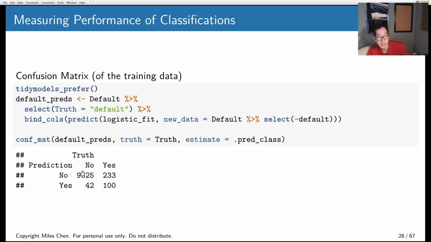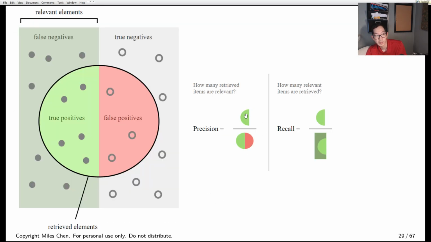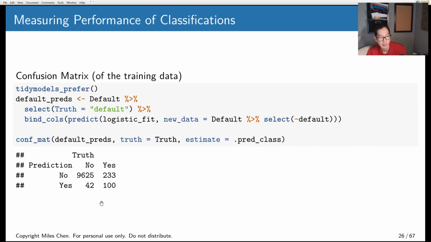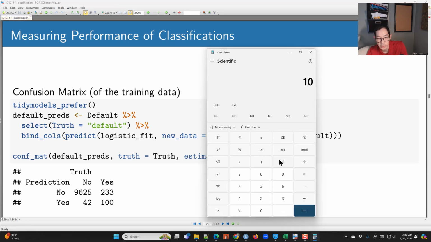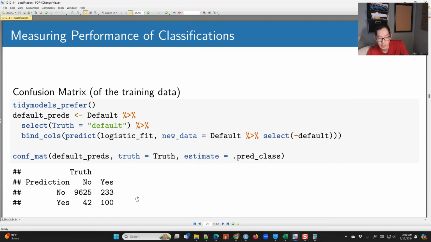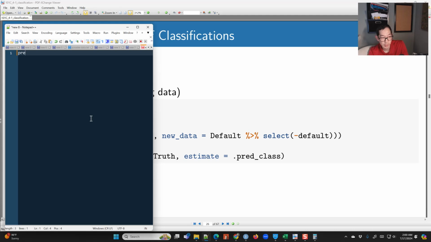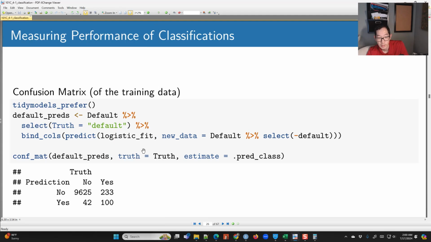Our precision is how many we identified divided by everybody that we selected. So that would have been 100 divided by 142. So 100 divided by 142 is 0.704 for our precision.